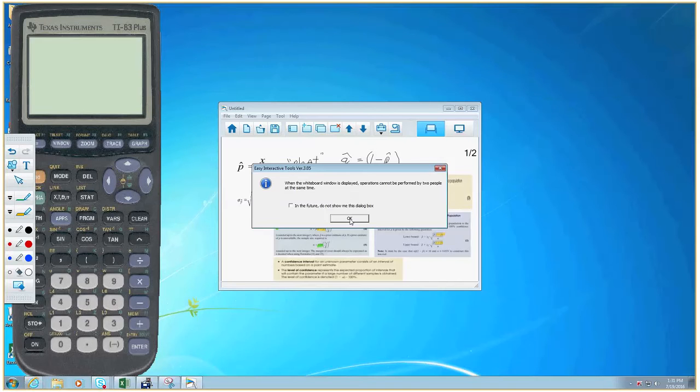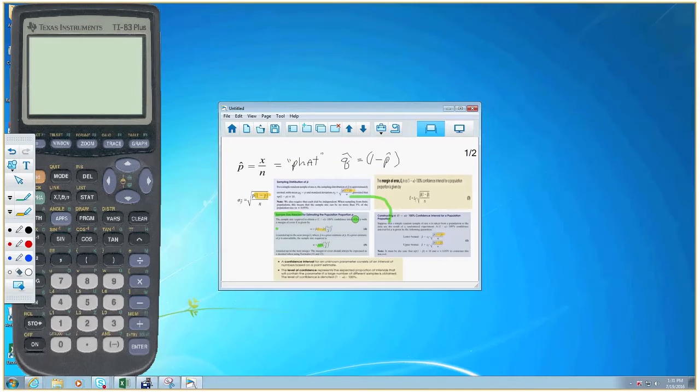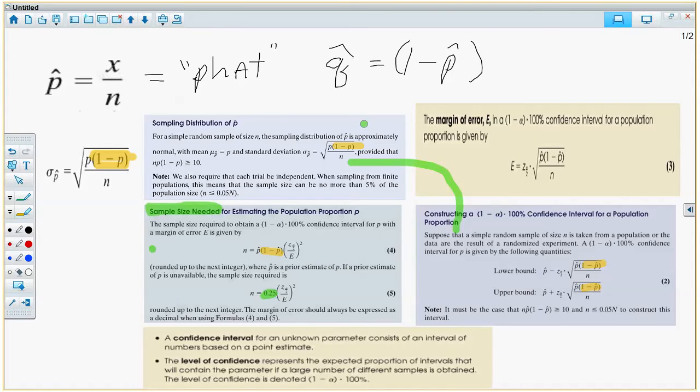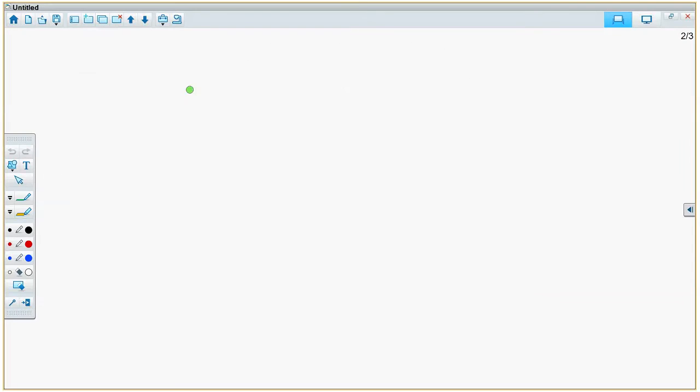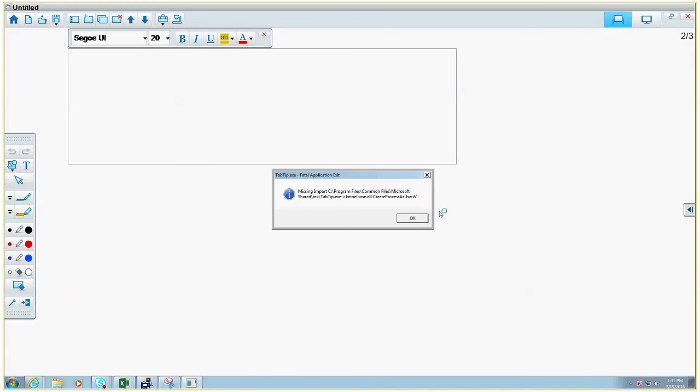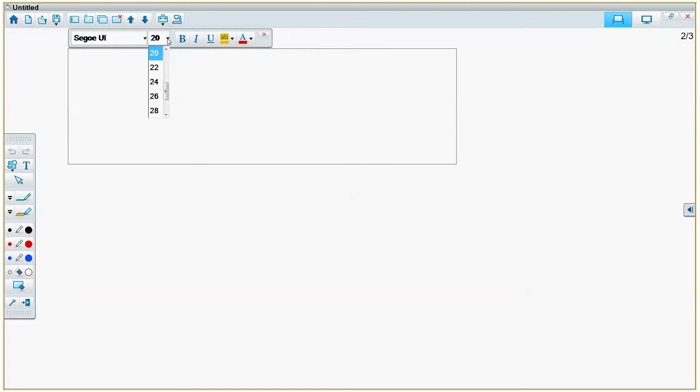I'm going to put a problem on the board. Now the first couple will be pretty simple, because it'll be just p hat. We'll just do a random sample of 1,505 people.